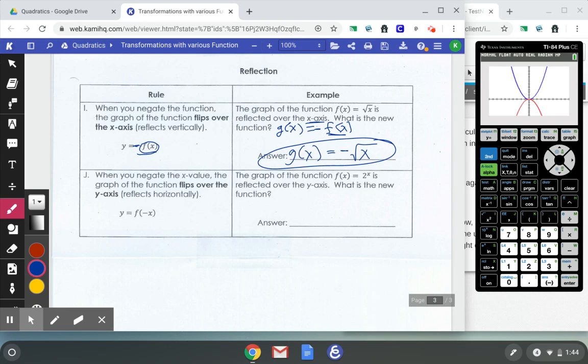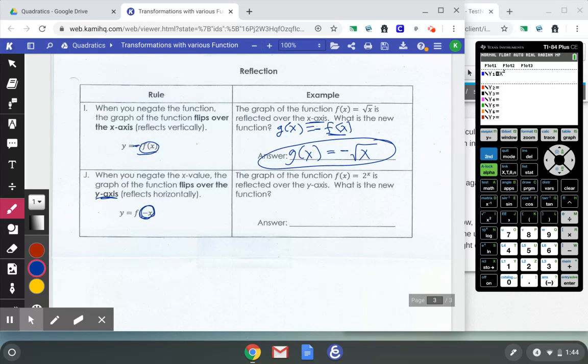Okay, all right. How do we get it to flip over the y-axis? Well, in order to flip over the y-axis, you are going to negate the input or negate the x value. So if I go back to my function, so here I was multiplying the whole function by -1. Well, now I want to multiply just the x by, and you're not going to see it with a quadratic here.